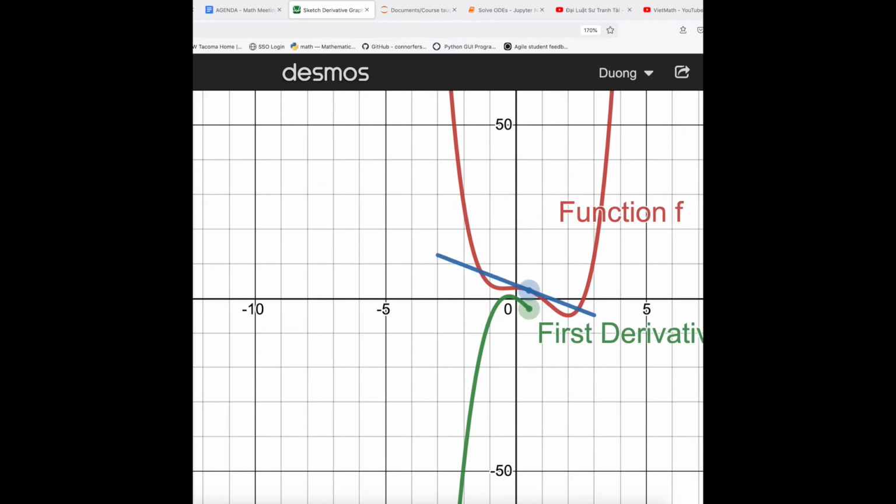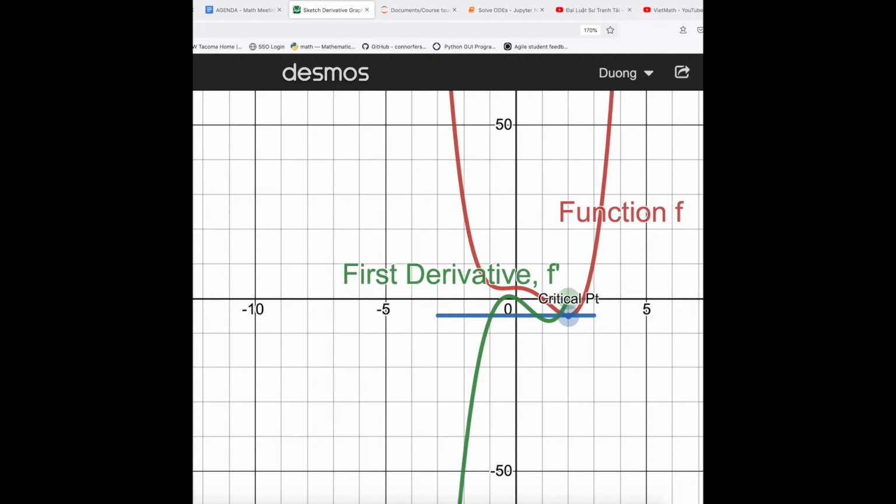Now you have a negative slope. That means the value of the first derivative is negative. It's going up again, reaching another critical point right here.